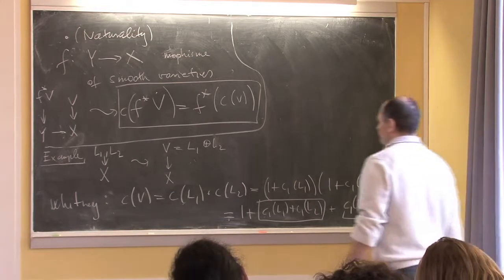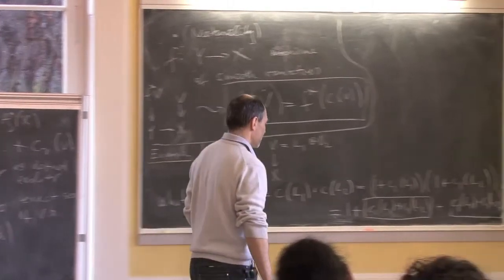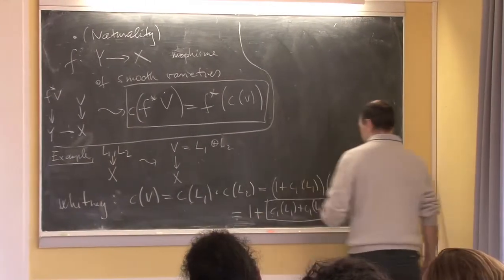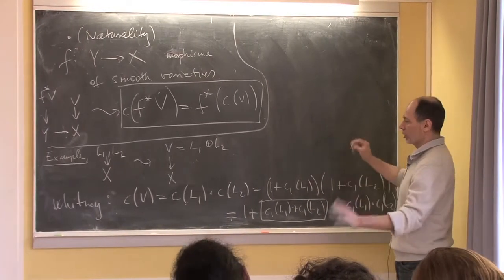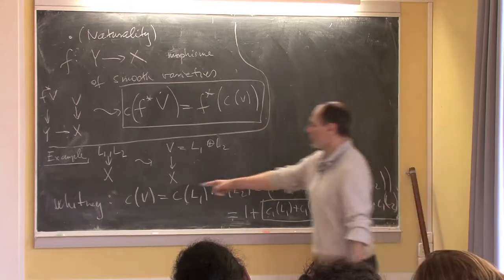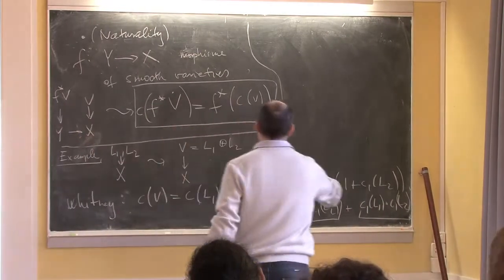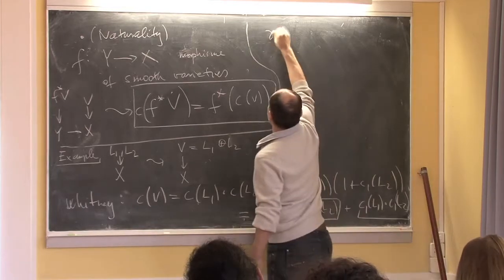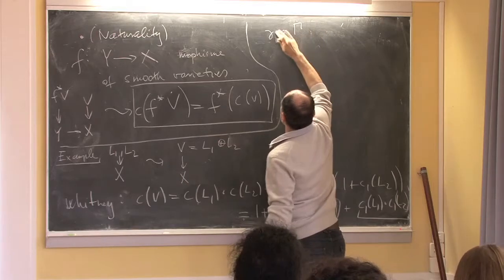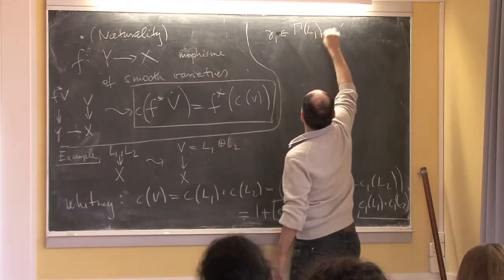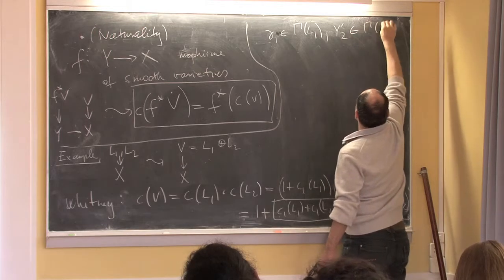So this is kind of obvious. Let's assume that I have sections. I just want to compare this now to what we had before. Okay? So let's just choose sections: gamma 1 is a section of L1, and gamma 2 is a section of L2.